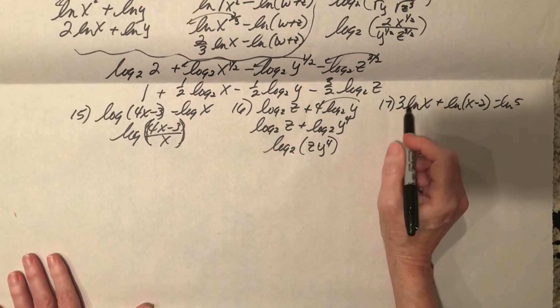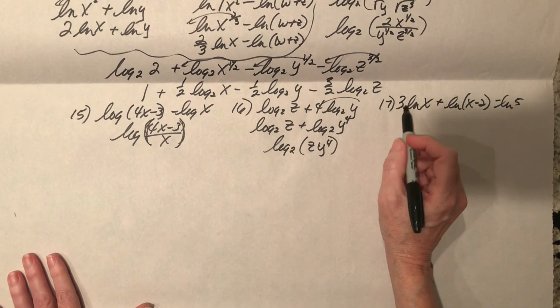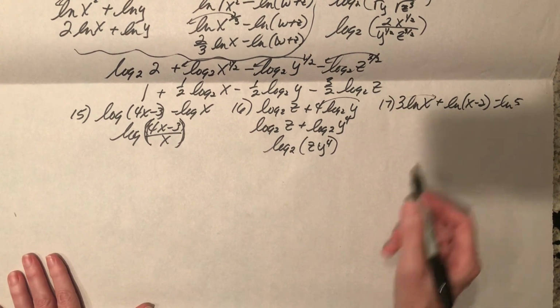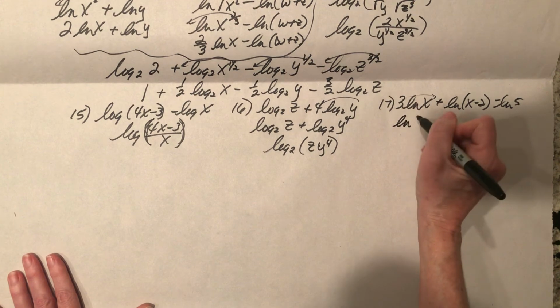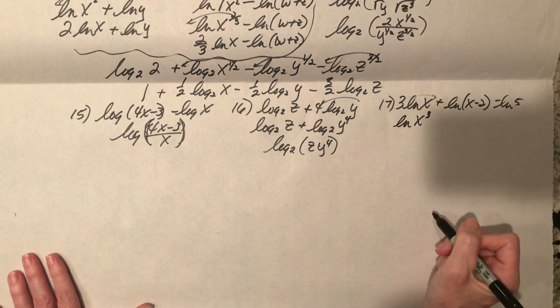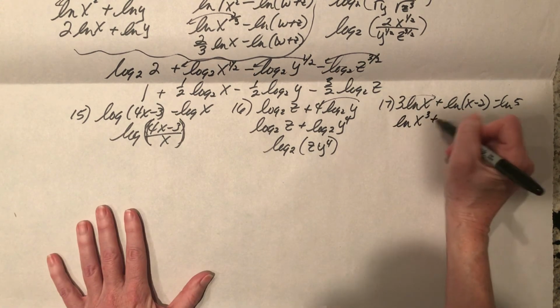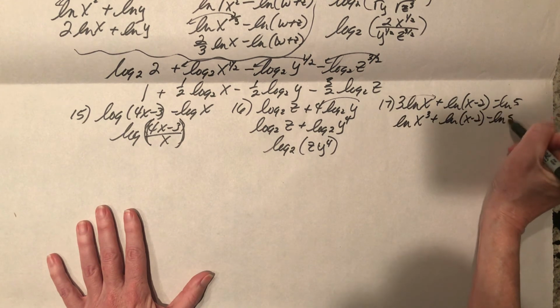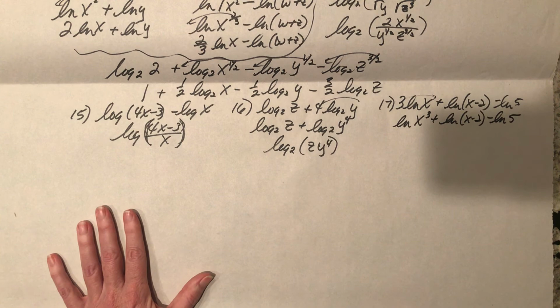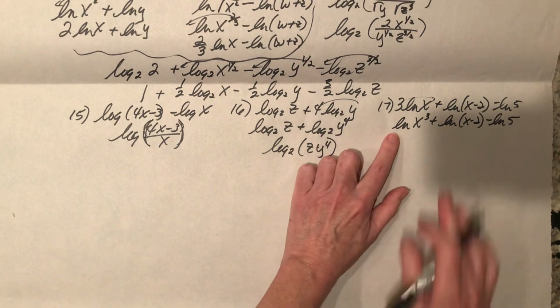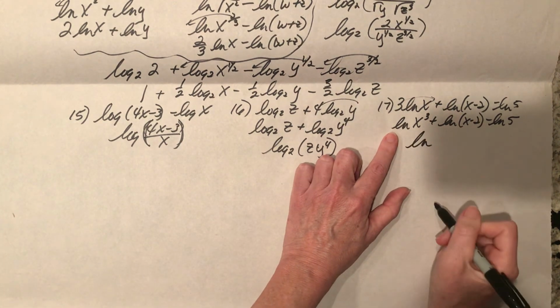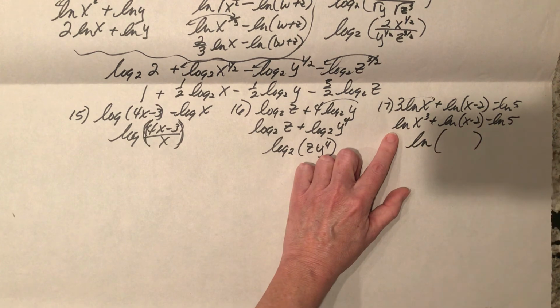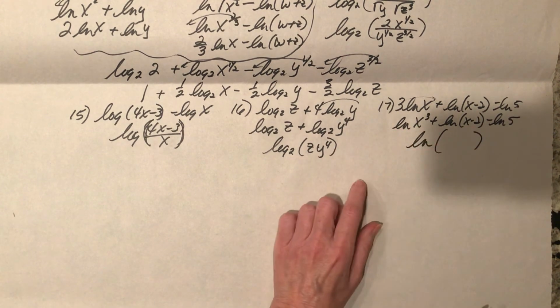Okay, when we're going to condense these, let's first take care of the powers. So this will be the natural log of x to the 3rd power. We don't have anything more going on. Natural log of x minus 2 minus the natural log of 5. Okay, all these are natural logs, so we can build one natural log thingy.